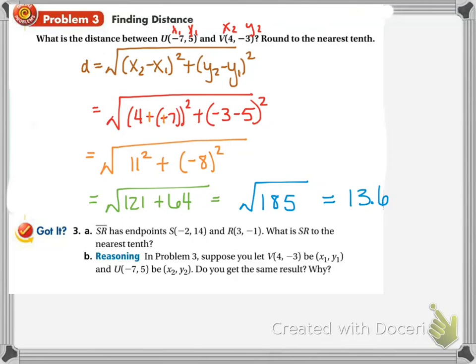So let's look at A down here. Line segment SR has endpoints of negative 2, 14, and 3, negative 1. So we're going to do distance equals the square root of x1, negative 2, minus x2, 3 squared, plus y1, 14, minus y2, negative 1, squared.